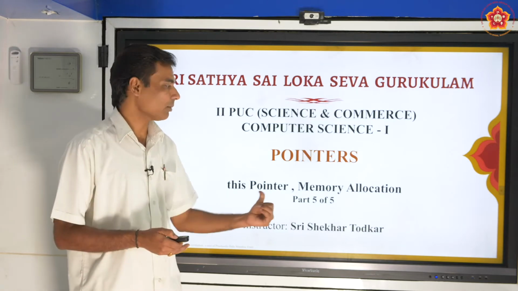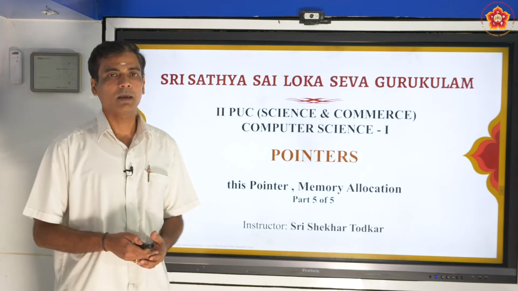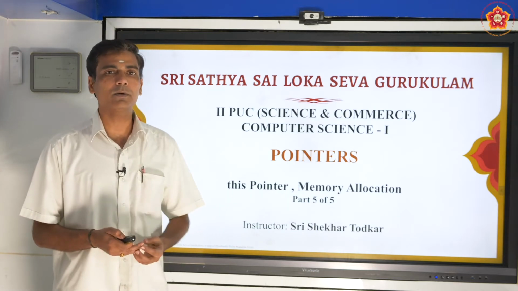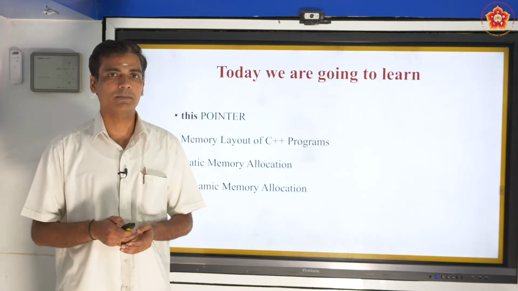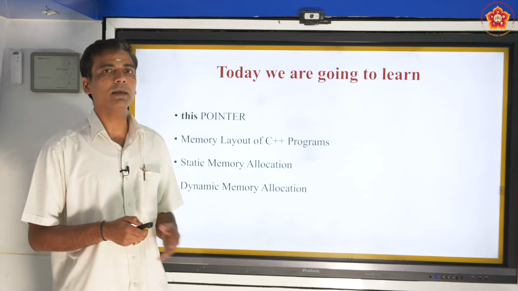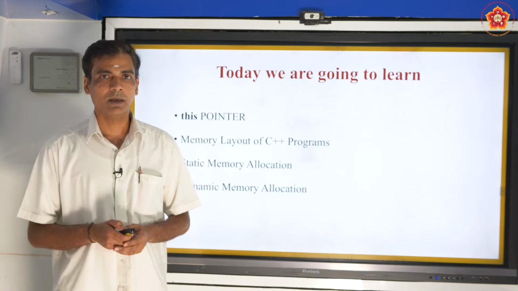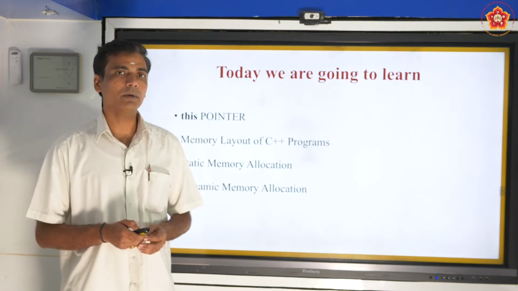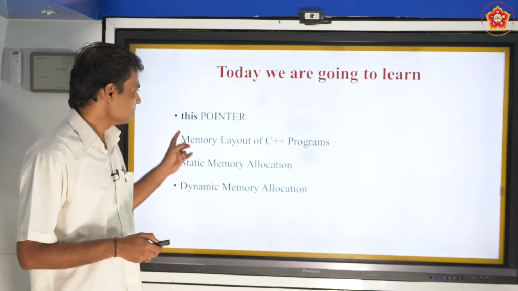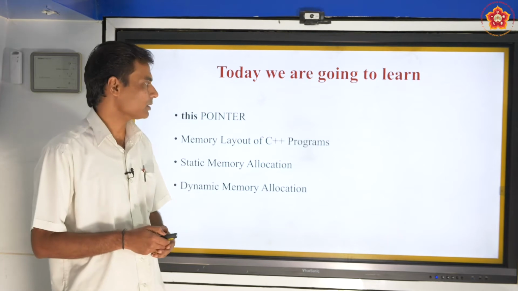So today's topic is the this pointer and memory allocation. We are going to see such a pointer today that we don't need to create. The compiler already creates it for us, and this is completely based on the concept of classes and objects. We are going to learn the this pointer, then the memory layout of C++ programs.